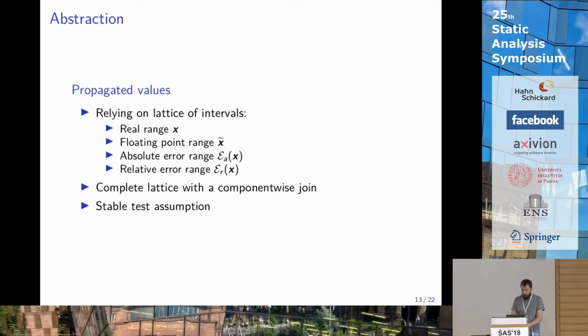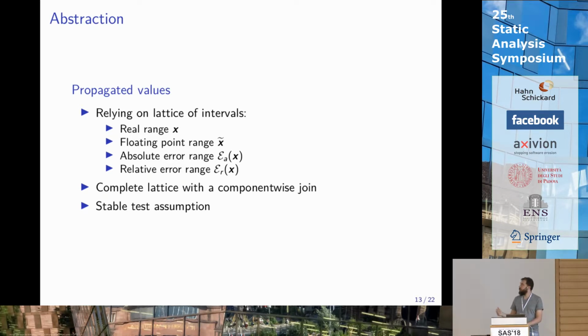Speaking of which, for each variable of our program, we will propagate 4 pieces of information: a range for the real part, a range for the floating point part, and 2 ranges for the absolute and the relative error.